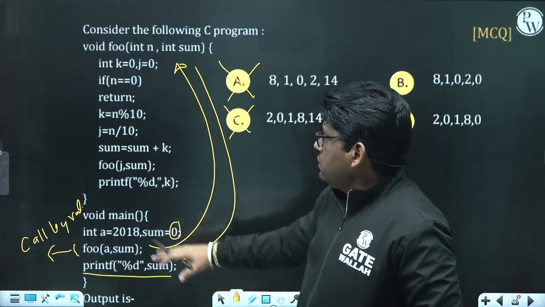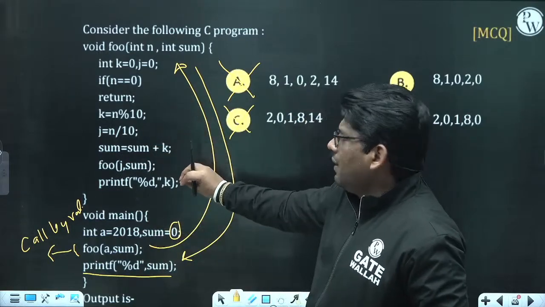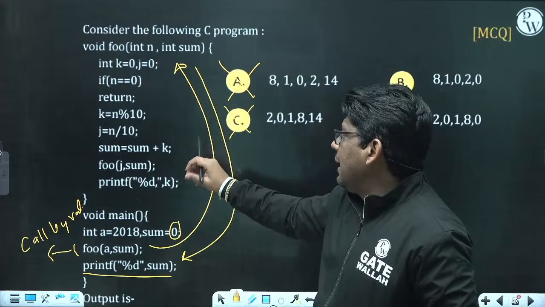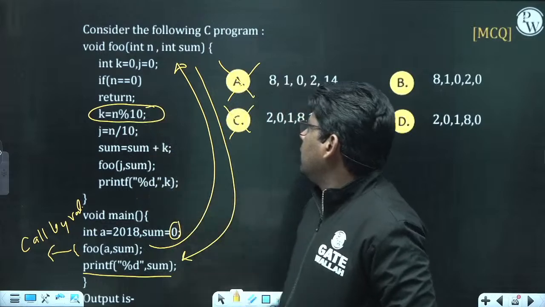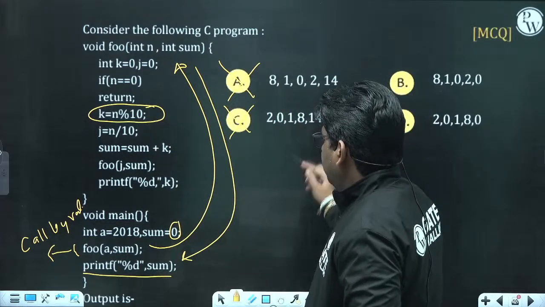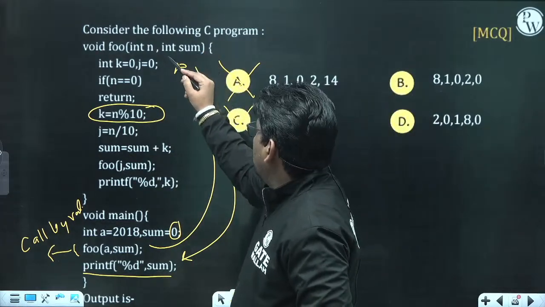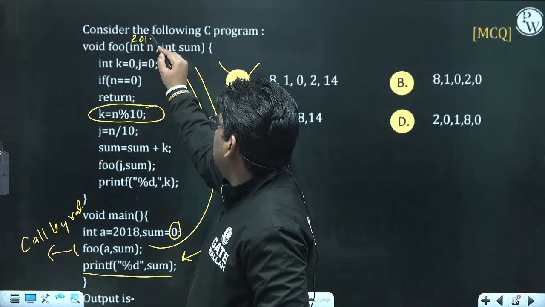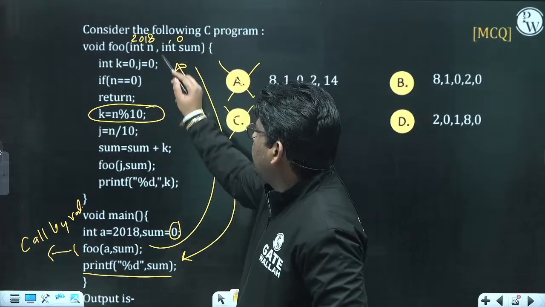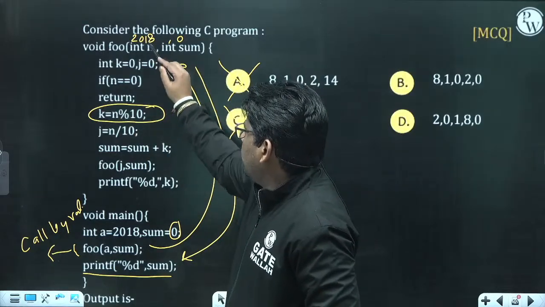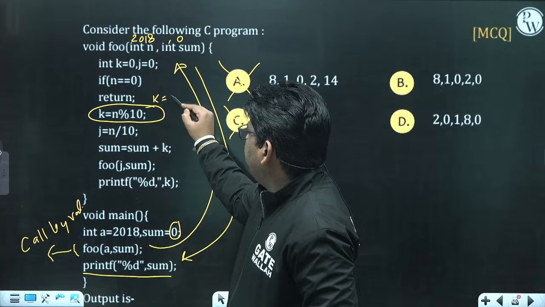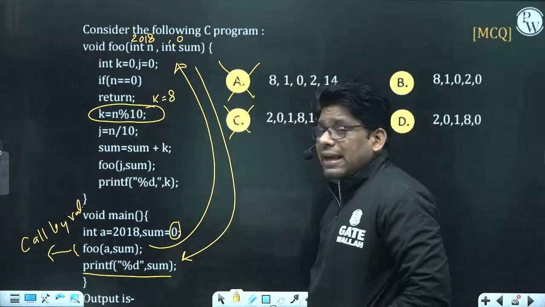Now, in this code, if you closely analyze, we are just printing the last digit. So if the first call is for 2018, 0, just focus on this number. K is equal to n mod 10. So 2018 mod 10. So the very first value of K is 8.